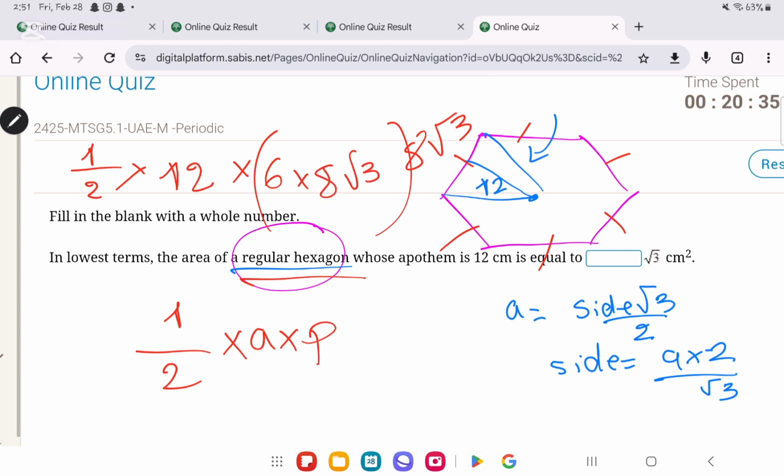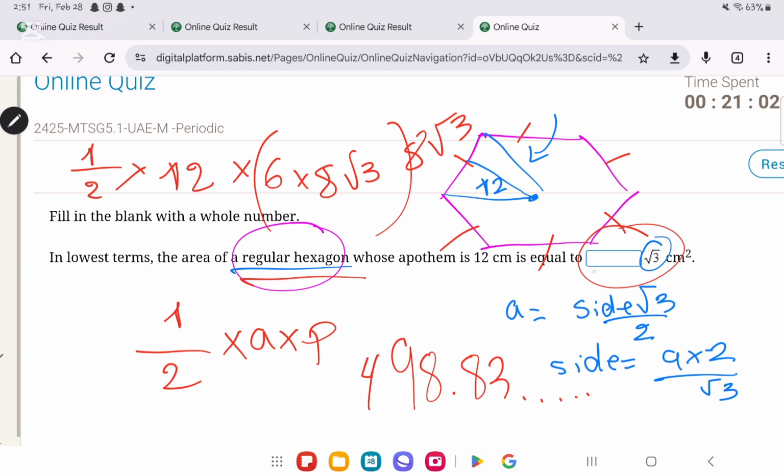So if you put it on the calculator, 1 over 2 times 12 times 6 times 8 radical 3, you are going to get an answer in decimal. So your answer is going to be 498.83 whatever. And then to get the answer which we need to put on the computer, as you can see, we have radical 3 over here.